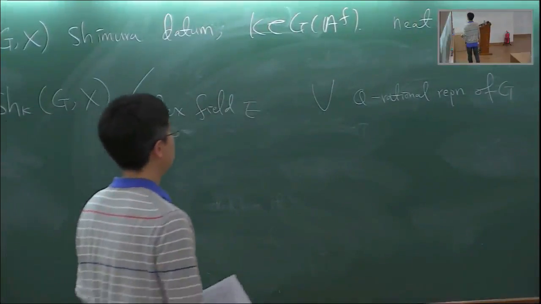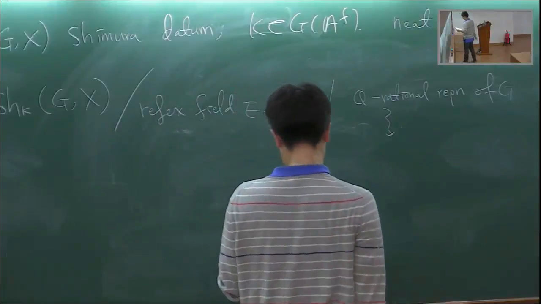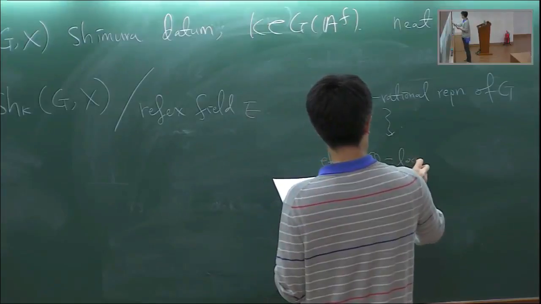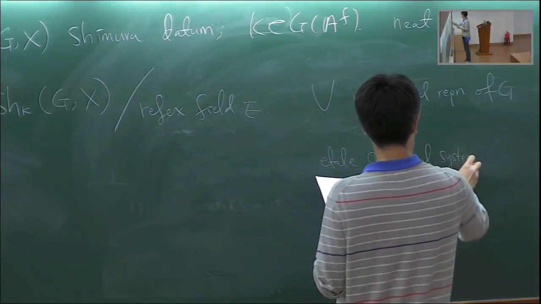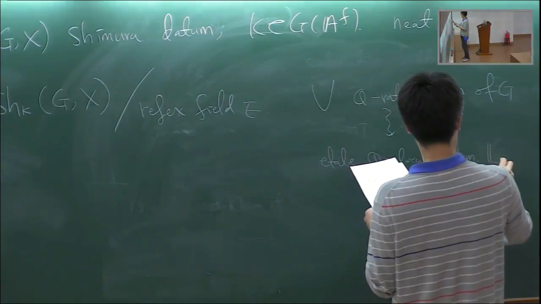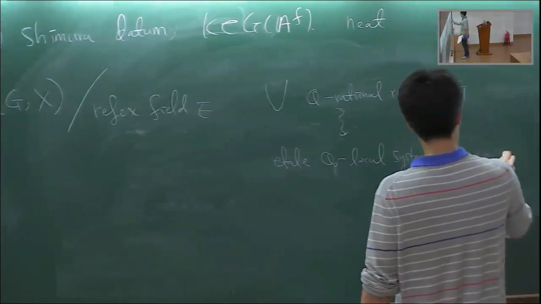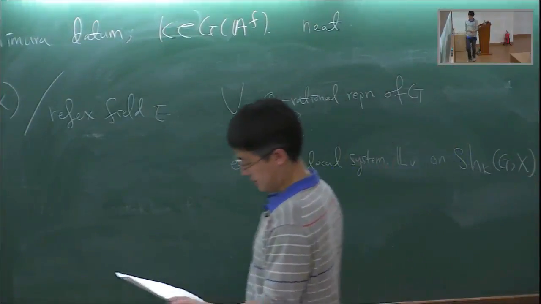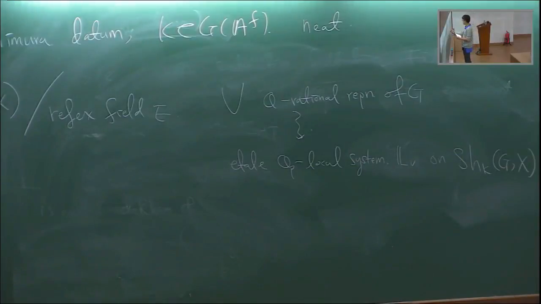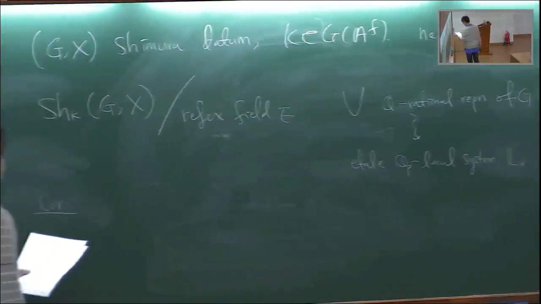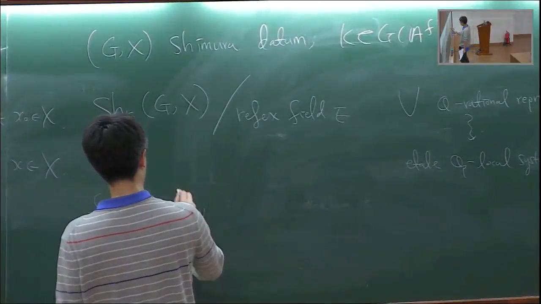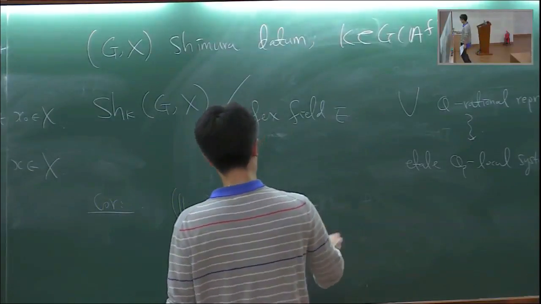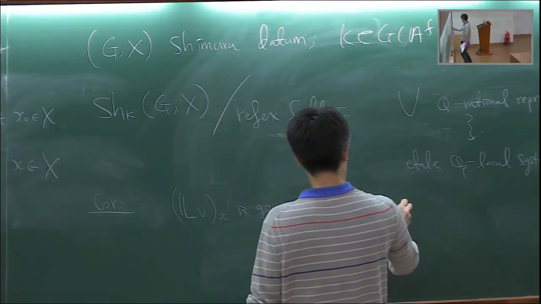Okay, so under some mild condition, we can associate an étale Q_p local system L_V on the Shimura variety. Then the result is that this L_V is everywhere geometric, at any closed point x.